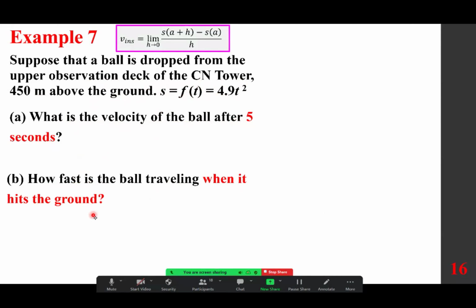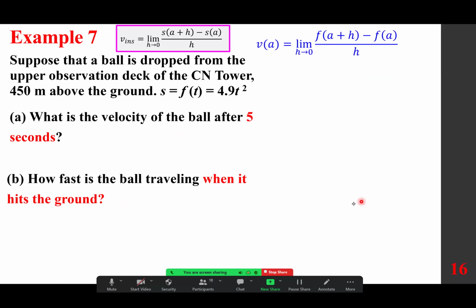Well, what are we looking for? We are finding the instantaneous velocity at t equals 5, and at the t that we have to figure out. If I go with this formula and I change the a to 5 for part A, I can finish the job and get the answer for that. Except if I want to go for part B, I've got to do the same thing. I've got to change the a to whatever number I need and go through the process again.